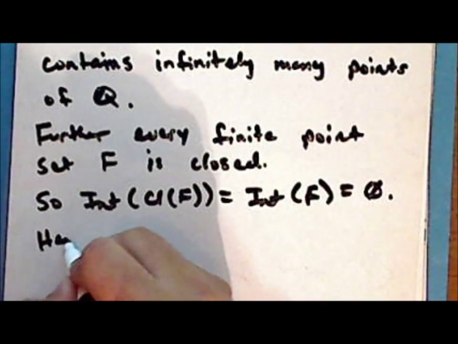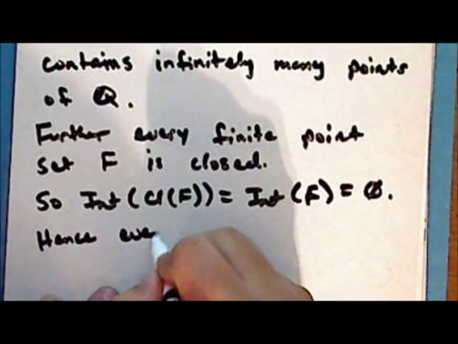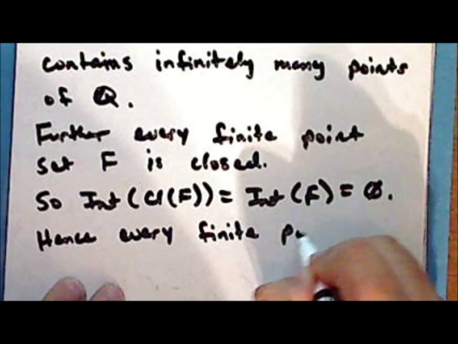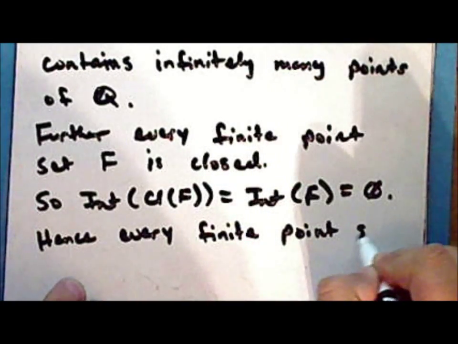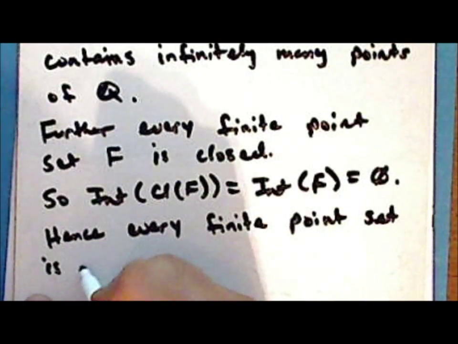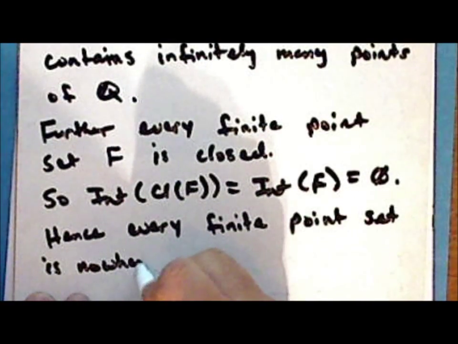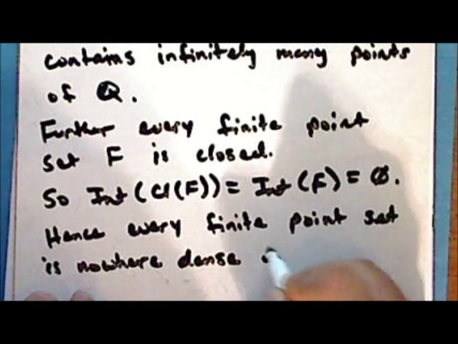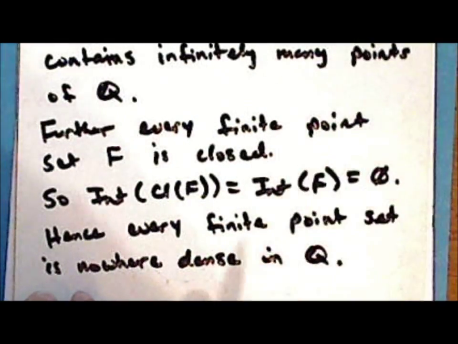And hence, every finite point set is nowhere dense in the space of rationals in the order topology.